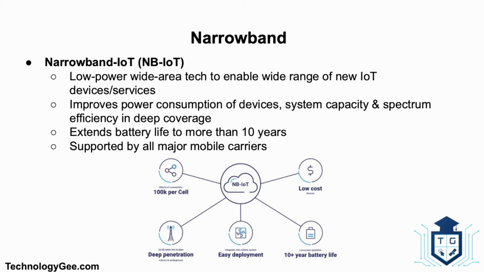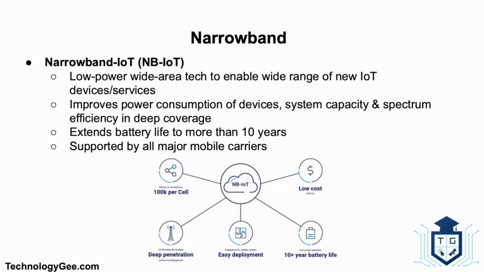And NB-IoT standards are based on low power, wide area technology developed to enable a wide range of new IoT devices and services. NB-IoT significantly improves the power consumption of user devices, system capacity, and spectrum efficiency, especially in deep coverage. NB-IoT low power consumption extends battery life to more than 10 years, which can be supported for a wide range of use cases.